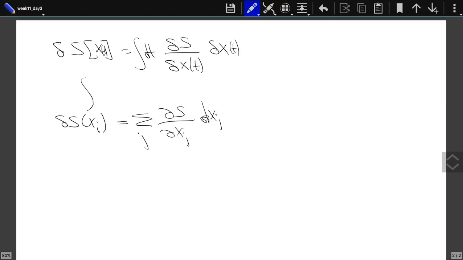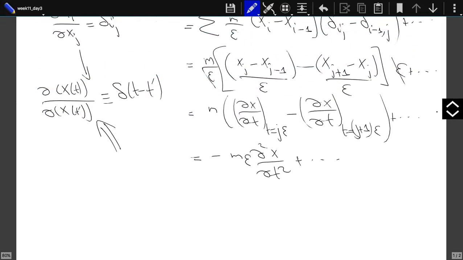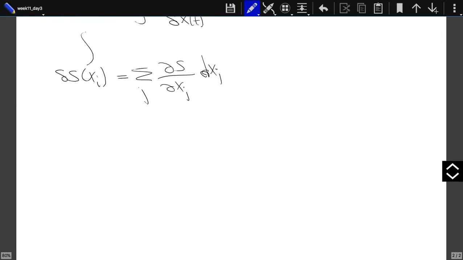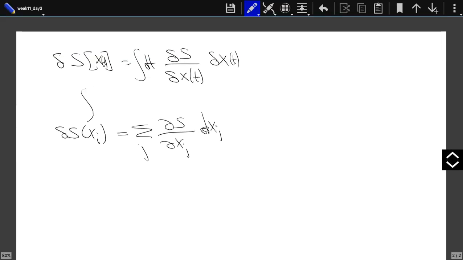Here in the summation you don't have the dt, epsilon. I mean, dt corresponds to epsilon. You don't have the epsilon in the summation sign, but remember over here, the ordinary derivative already comes with the epsilon. Sorry?